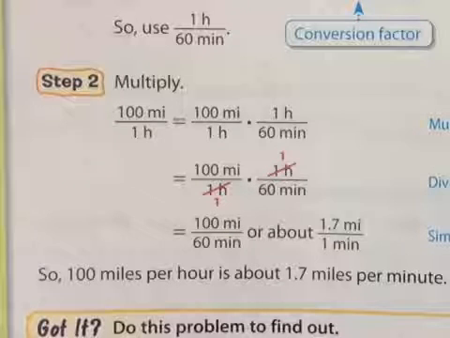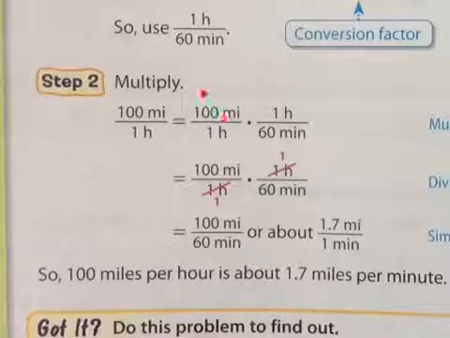Here's a more concrete example where we have 100 miles in 1 hour. And we want to convert to minutes. So we're going to take our 100 miles per hour and multiply it by the ratio of 1 hour to 60 minutes.